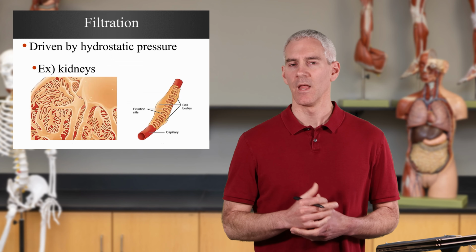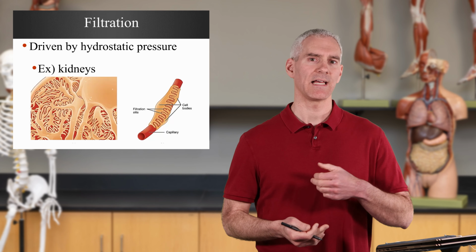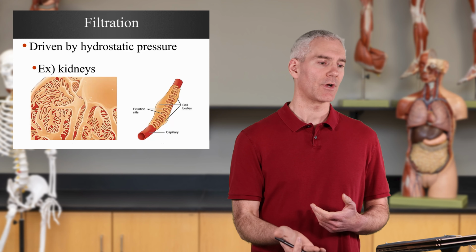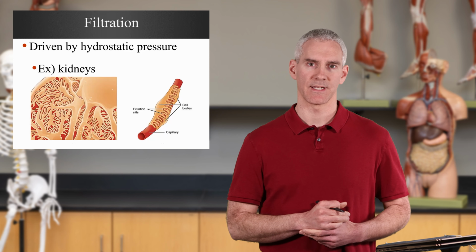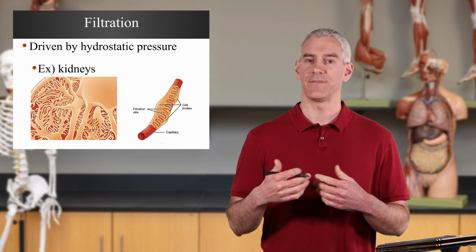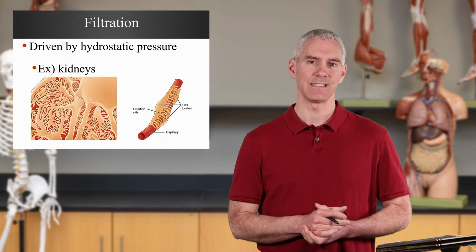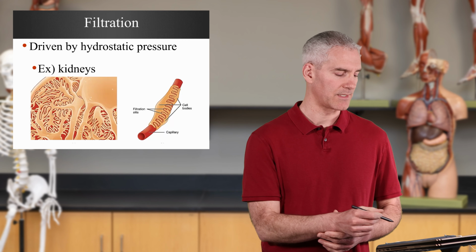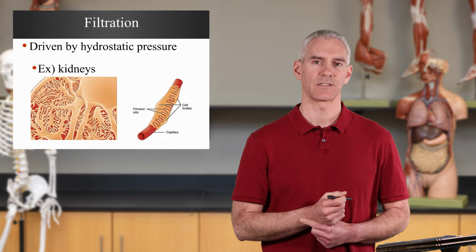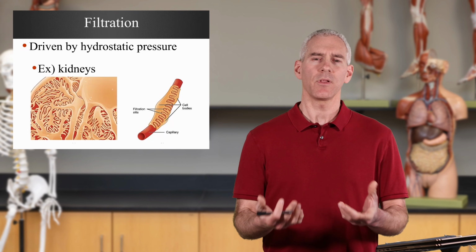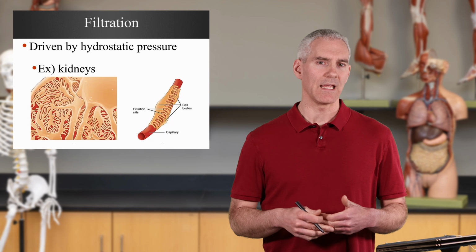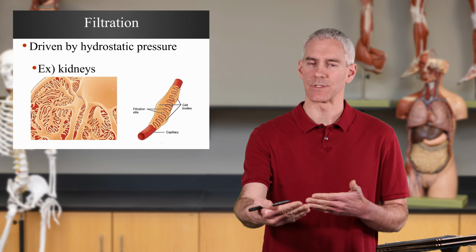Filtration. Now, filtration is another one of the passive processes. Filtration is working off of hydrostatic pressure. Because in this case, we look at the filtration in the kidneys. That's a podocyte cell that's wrapping around a blood vessel inside the kidney. The blood wants to be filtered. It wants to push the particles out.